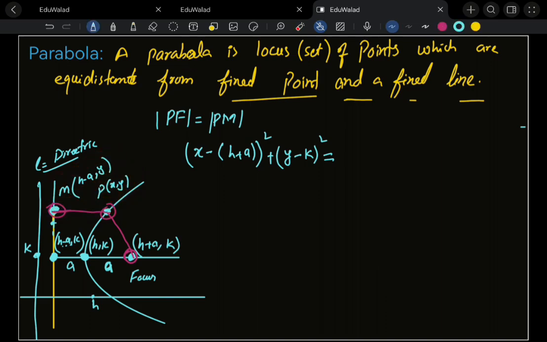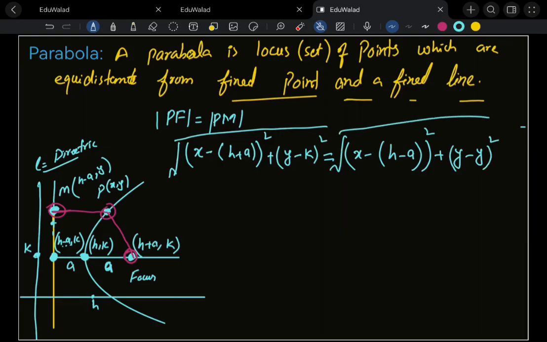So this is the square root of x minus h minus a whole squared plus y minus y.